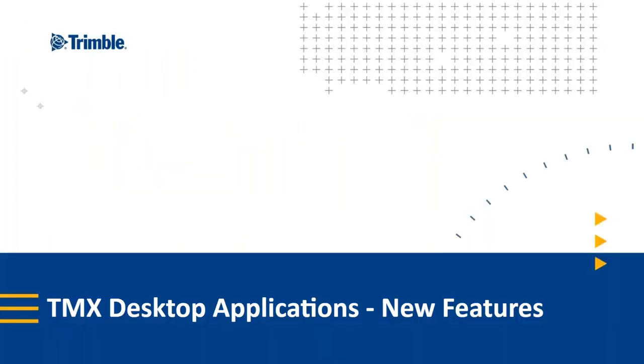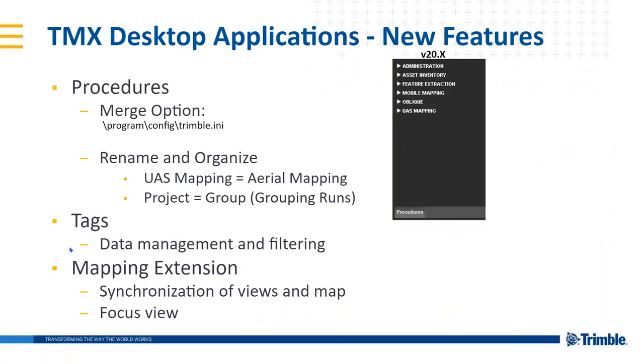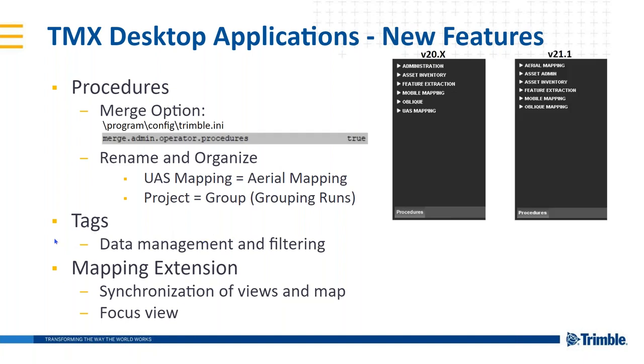So without further ado, let's go ahead and start with the new features that are relevant to all of the desktop products. First, we have a new enhancement on the Procedures tab. The Procedures tab looks a little bit different now. First of all, it's going to be organized and arranged alphabetically.